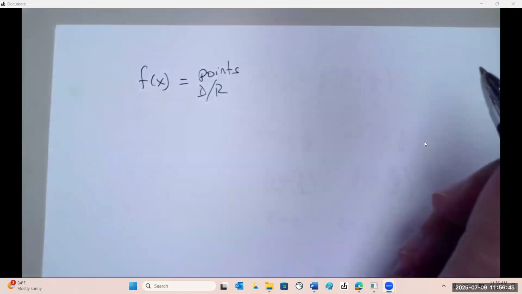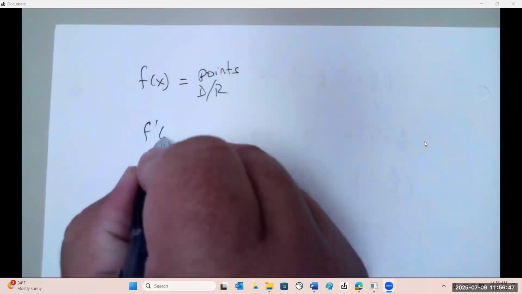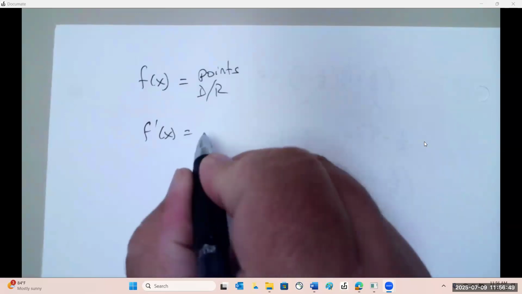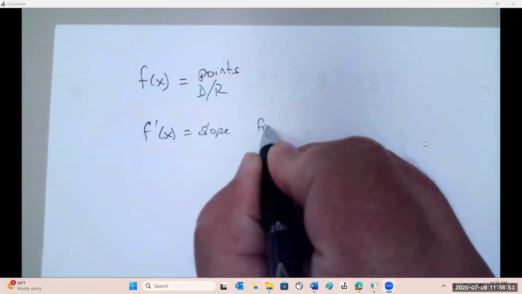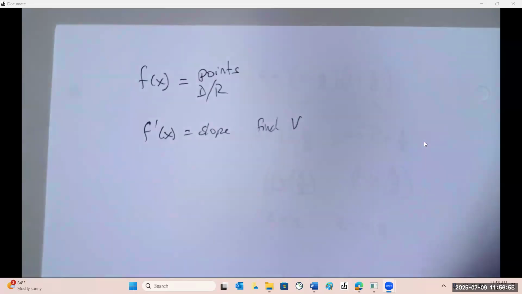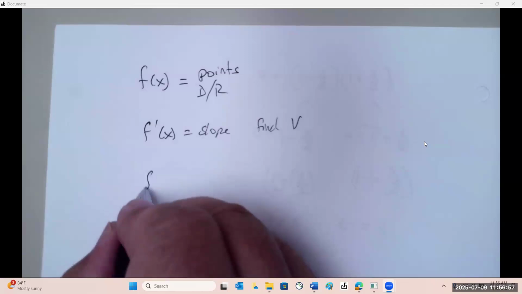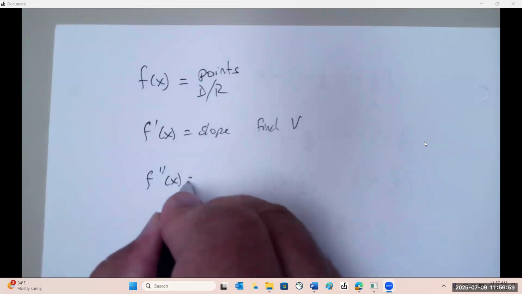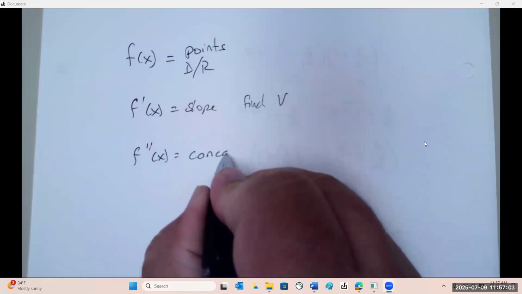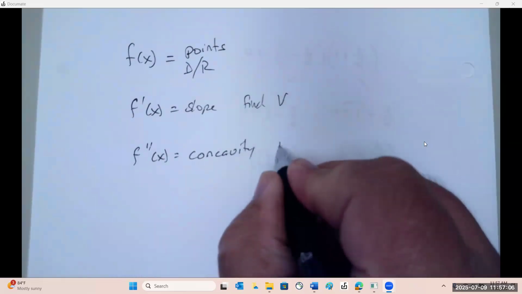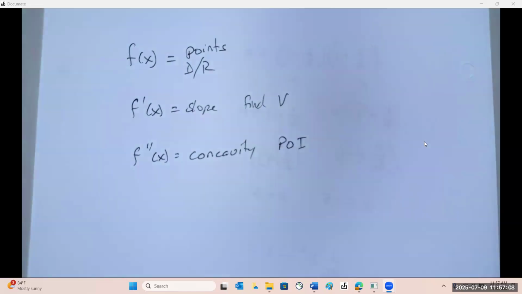Yeah, the whole list of stuff we had yesterday. First derivative, what do we use that for? Slope, and also find the vertex. And the second derivative, concavity, and the point of inflection.